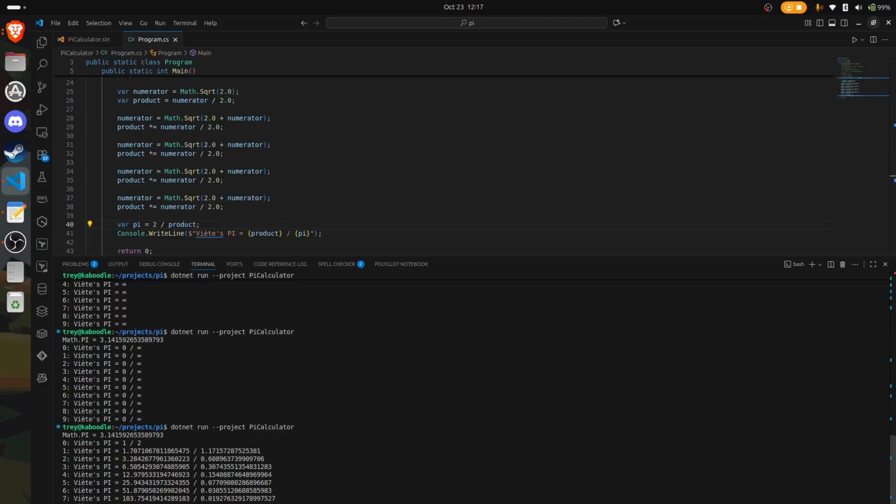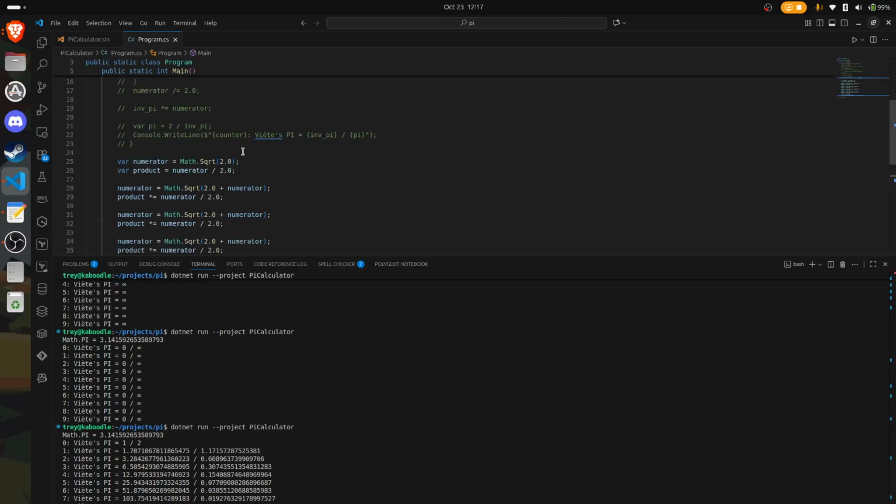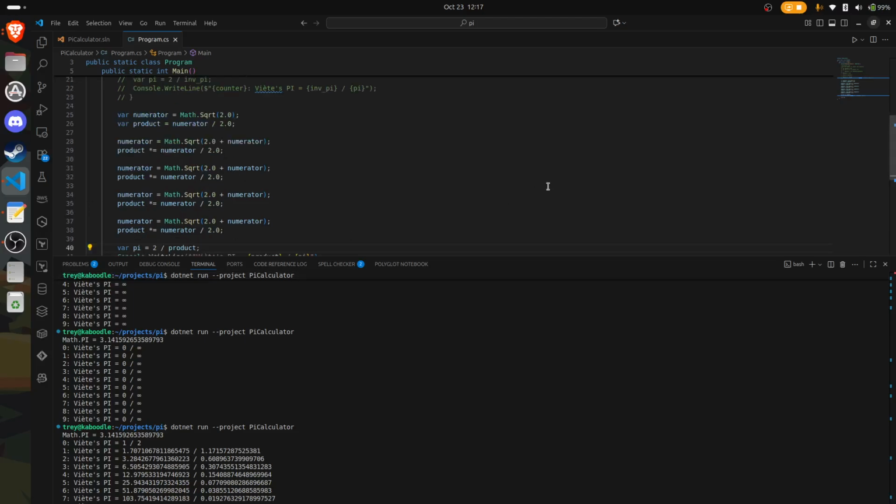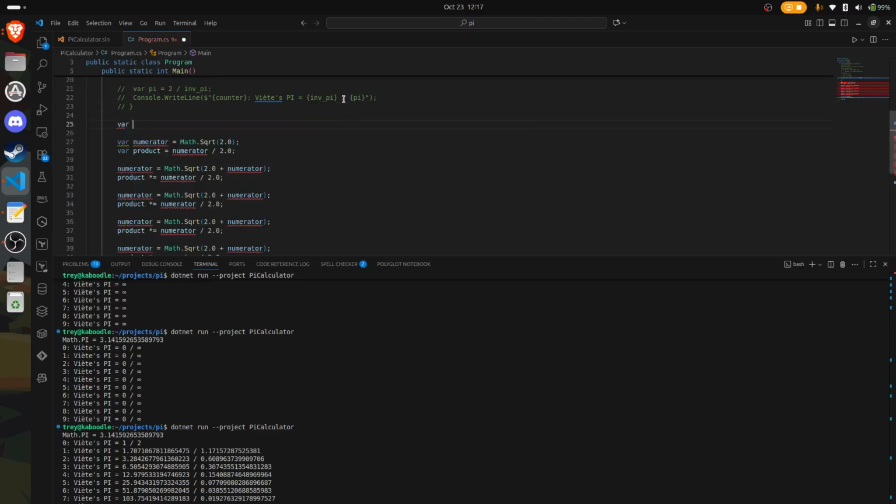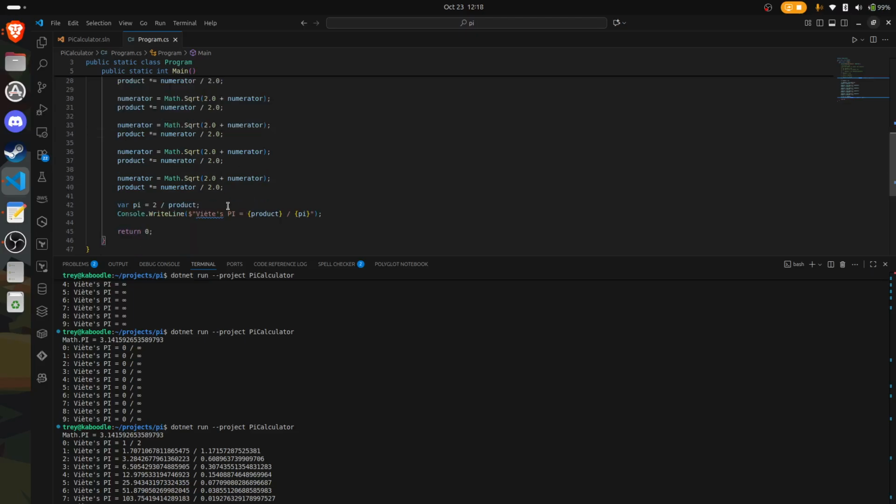That is actually giving us something that looks pie-ish, pie-shaped. So that's cool. How do we turn that into a loop? On each of these blocks, the product is doing the exact same thing.